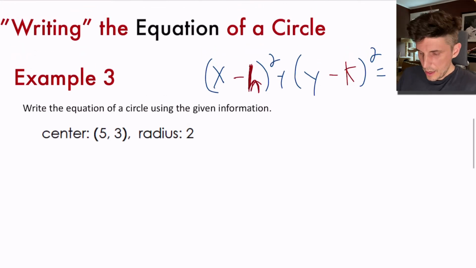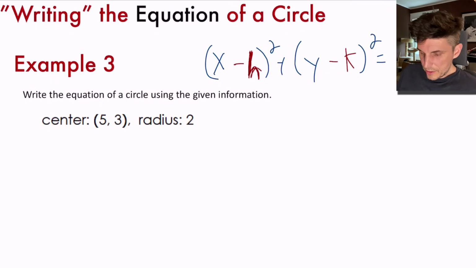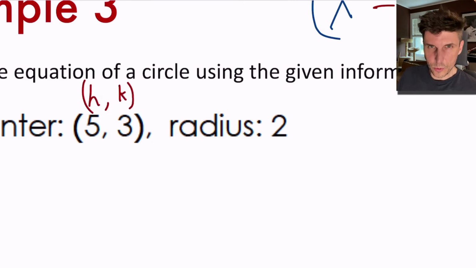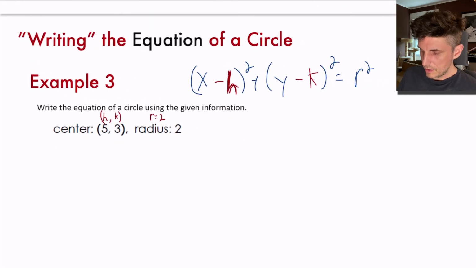So all we need to do is take this center and this radius and plug it into that equation, and we're good to go. Where you see an h, you replace it with 5, because this right here is my h, and that's my k. So you let h equal 5, you let k equal 3, and then we let r equal 2, and we substitute it into that equation.